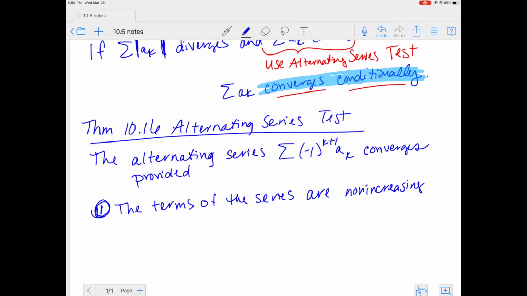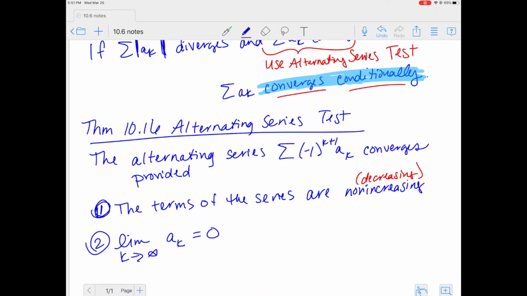So basically what we're saying here, if the terms of my series are either staying the same or going down, right? That's what we want to know here. Non-increasing. Criteria number 2, that my limit as k approaches infinity of a sub k equals 0.